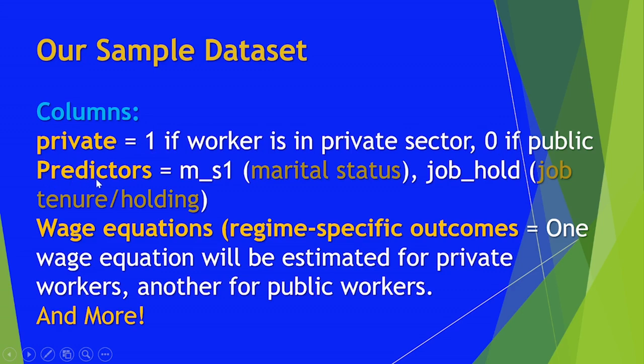We have predictors or independent variables such as m_s1, which simply stands for marital status. We have job hold, or simply job tenure. And we also have wage equations or regime-specific outcomes, where one equation will be estimated for private workers, another for public workers, and more.